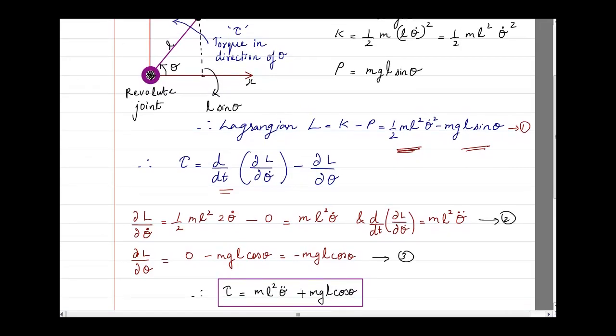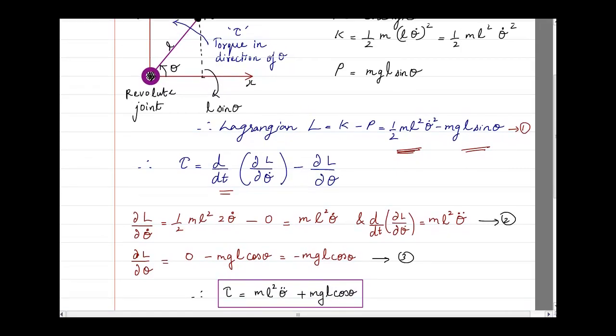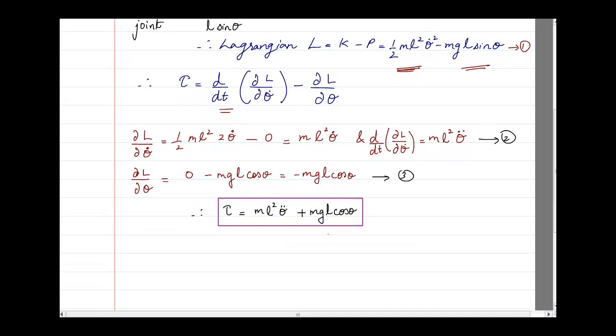Okay, so as you can see here, it's a very simple thing. What it is saying is that the torque has to be decided by two things. One is this part and the second one is this part, where this part is taking care of the acceleration and this part is taking care of the gravity.